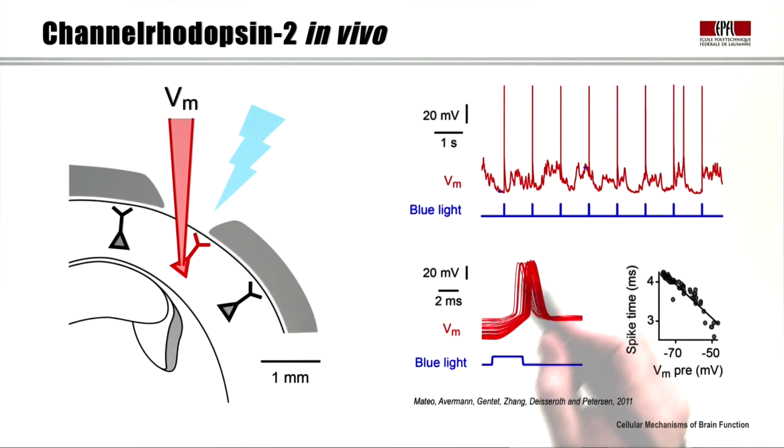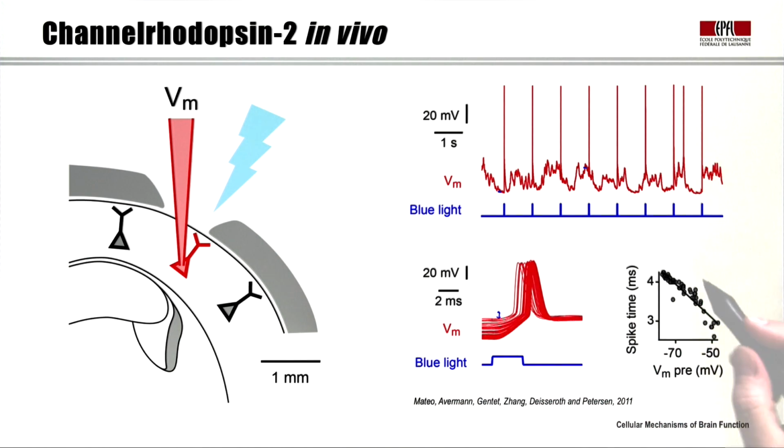On the other hand, if we're spontaneously depolarized, we turn the blue light on, the depolarization begins at the same point, but now there's less depolarization that needs to happen before we hit AP threshold, and the action potential therefore occurs earlier. And so every blue light stimulus gives a single action potential output, but the precise timing varies by a millisecond or so, depending upon the exact depolarization, the state of the cell that we're recording from.